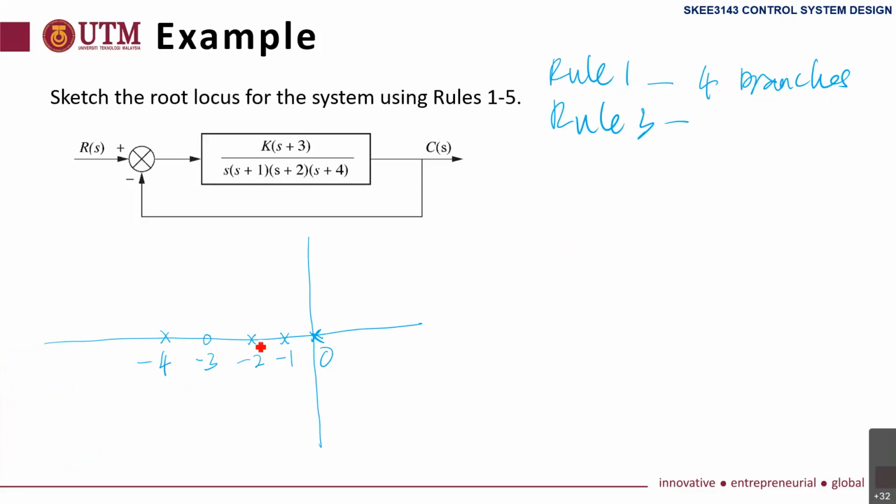Counting the number from the right: 1, 2, 3, 4, 5. Now on your paper, plot the root locus on the real axis where it happens.